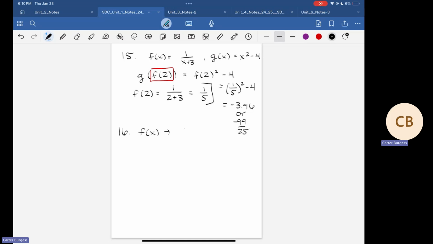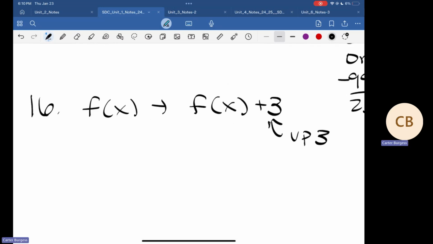So we go from f of x to f of x plus 3. This is our up by 3. And then from there, reflecting about the y-axis, that's telling us keep your y's the same, but change up your x's. This is going to be f of negative x plus 3.